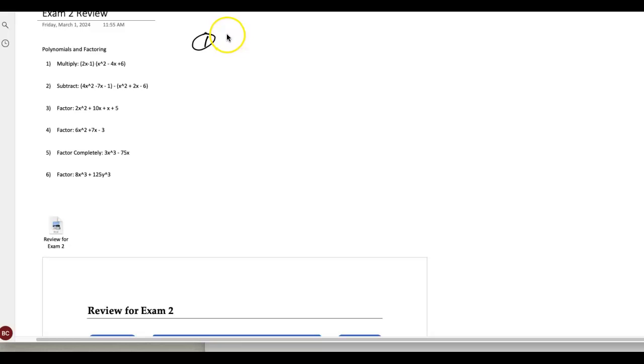If it was a binomial times a binomial, then we talk about that as FOIL. But really what we're doing when we're multiplying is distributing. It's just the distributive property that we are doing twice. Let me show you what I mean by that. It doesn't matter how many terms are in each of them.